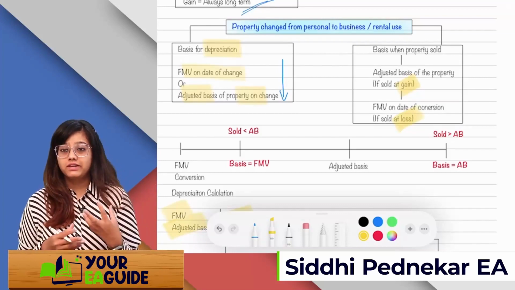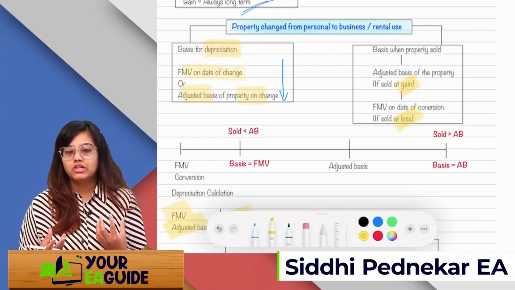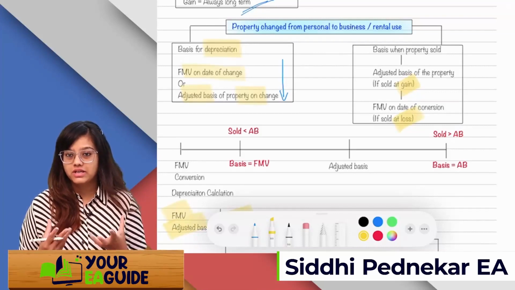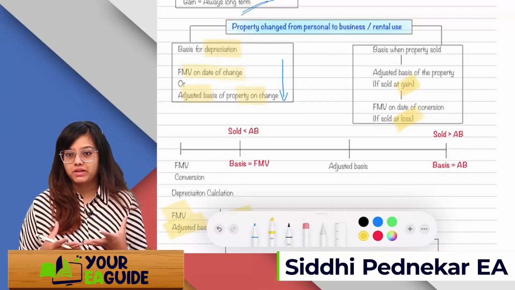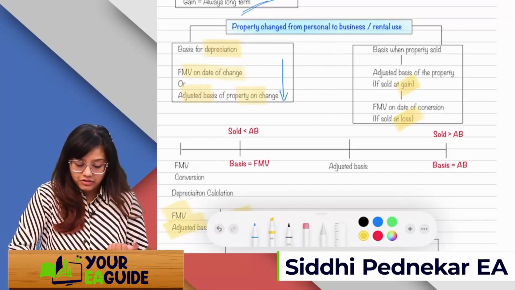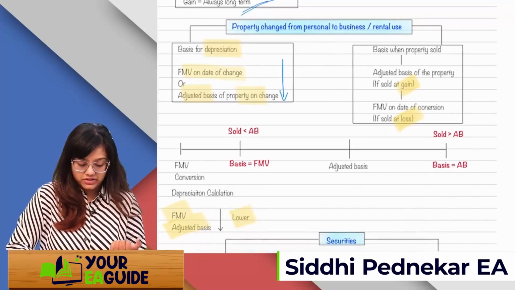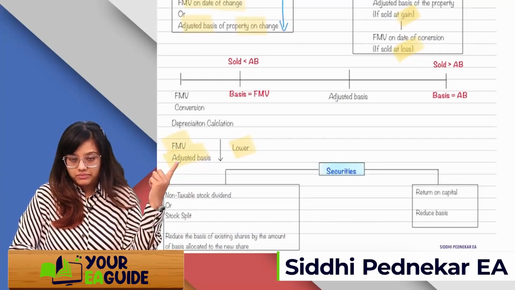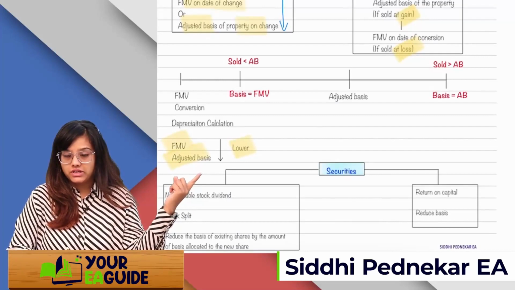This is tricky language which has been used, and people usually get confused in this, when there is a sale of property, how we are going to take the adjusted basis. For that, just remember this chart. Take the FMV on the conversion date and then list your adjusted basis.